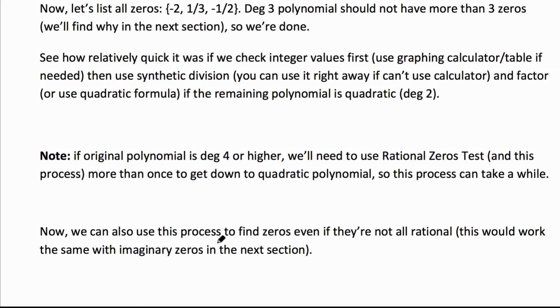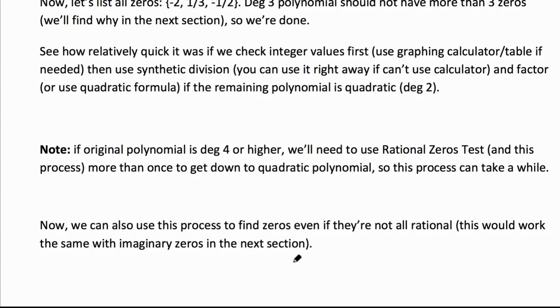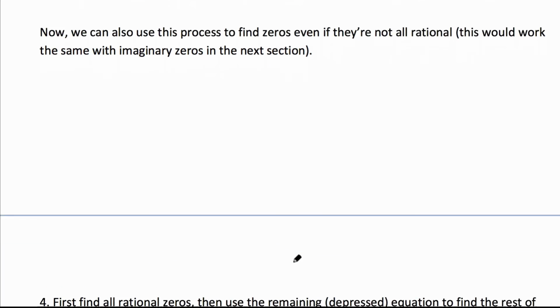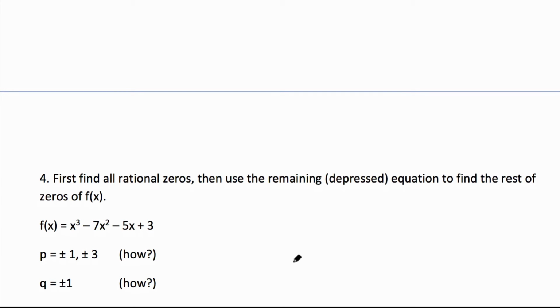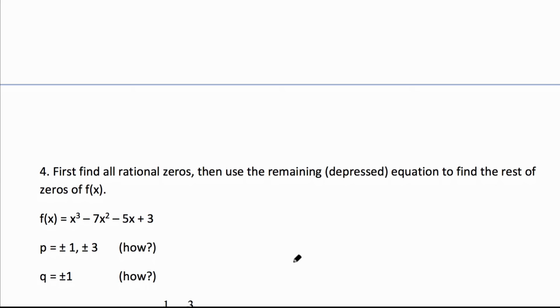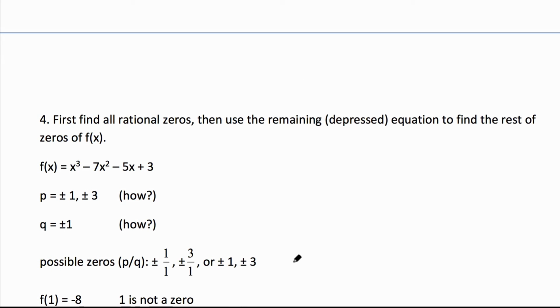So it's a useful method, but it's not necessarily fast. But you can use this method to find zeros even if they're not all rational. Like we'll do this with imaginary zeros in the next section. And I think for the rest, it's basically just practice with possible zeros, so it works the same way.